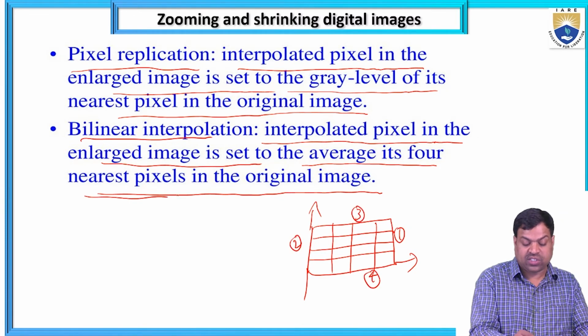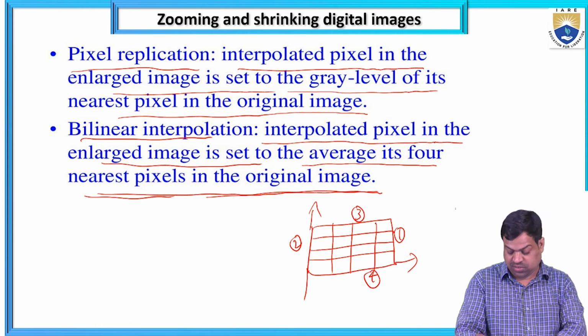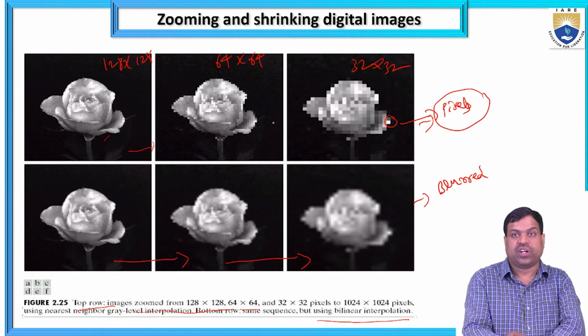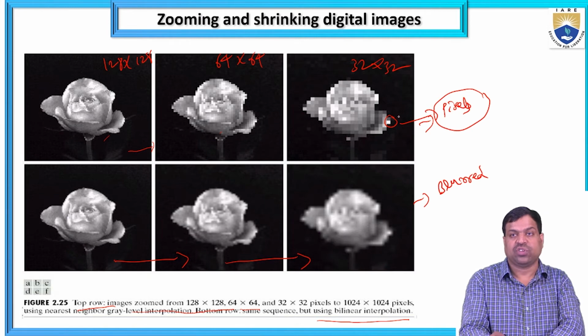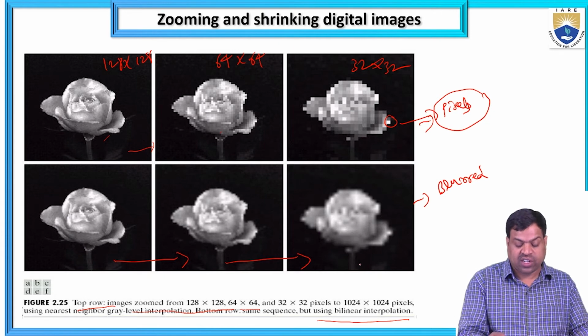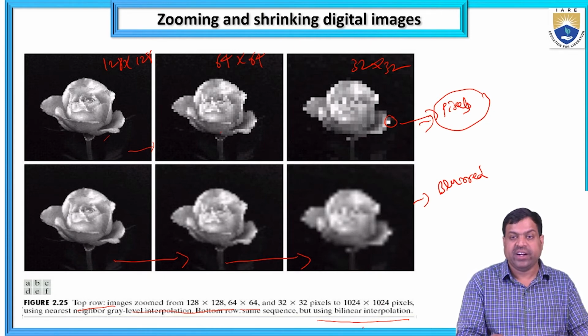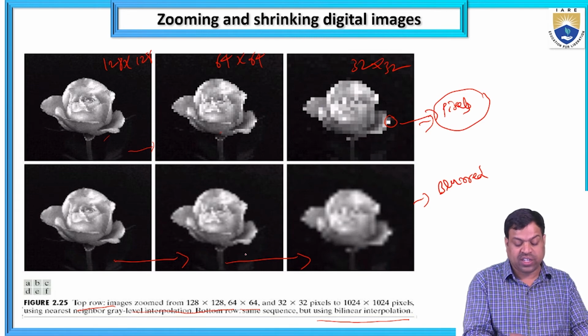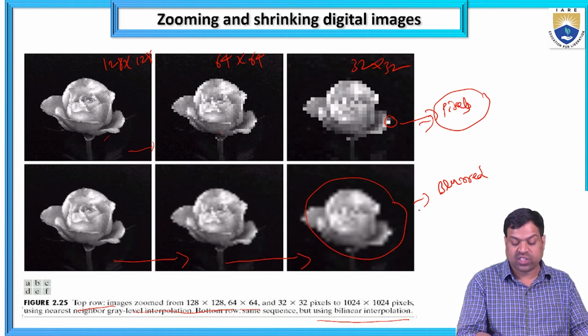So 128 by 128 is converted to 64 by 64, then 32 by 32. That is one method; another method is bilinear interpolation. In bilinear interpolation, if we are decreasing the values, it shows as a blurred image.